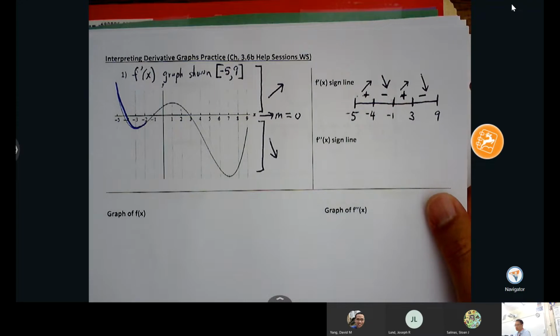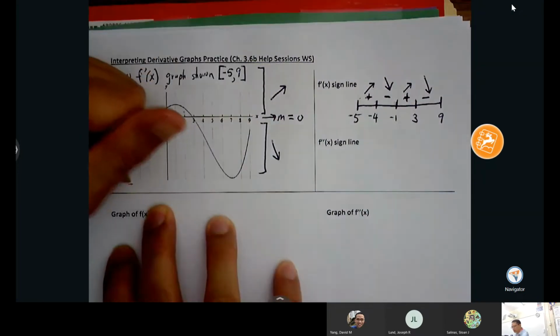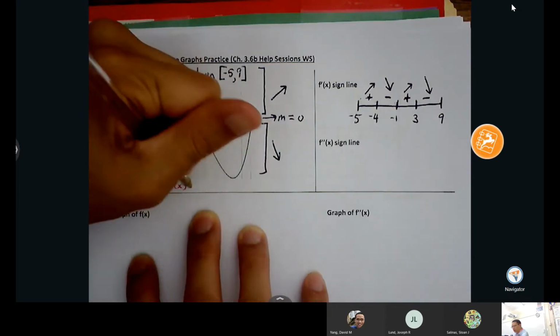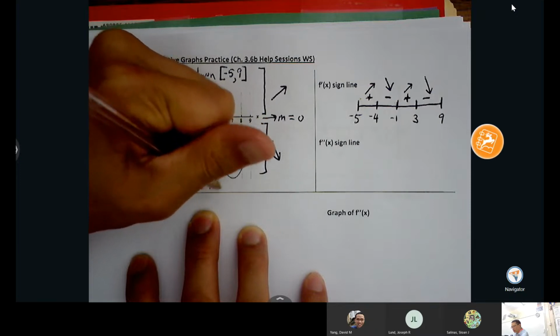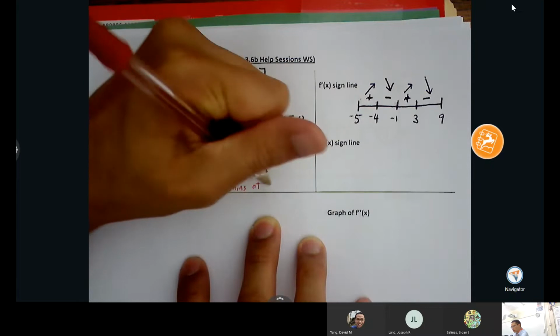So first up is identifying the POIs. So recognizing that the points of inflection, the POIs of the original graph, are going to be the relative max and mins of your F prime graph.